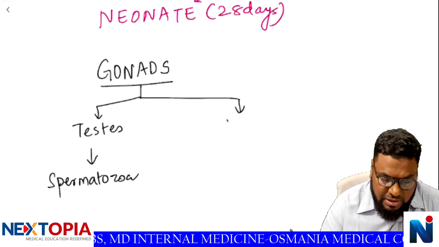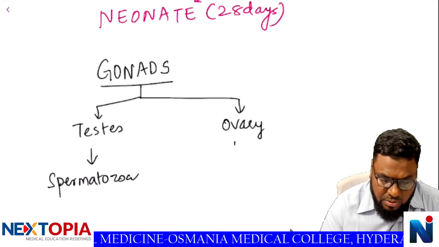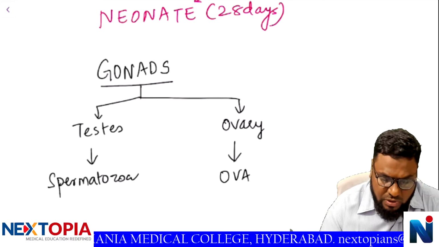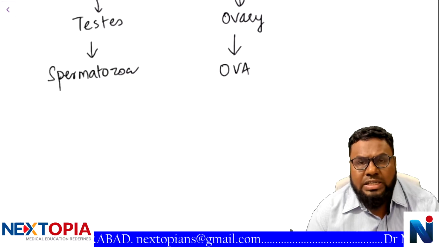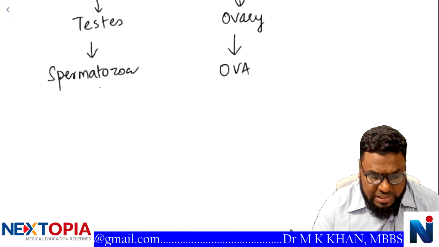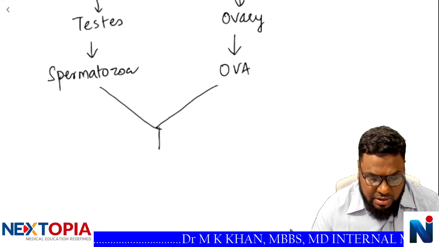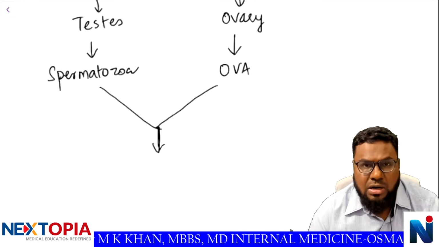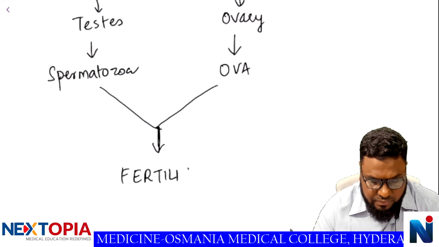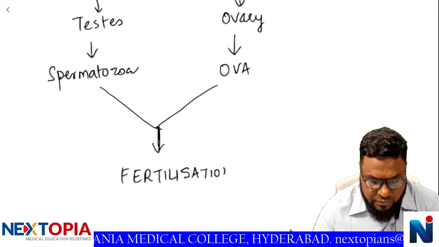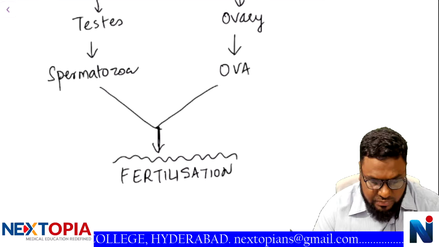The female gonad, that is ovary, produces the ova. When spermatozoa or sperms and ova, that is after ovulation, both of these undergo fusion, we call it fertilization has taken place.